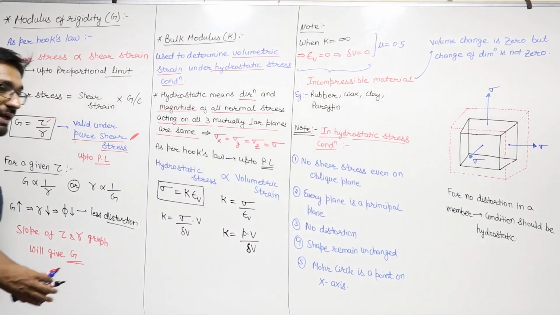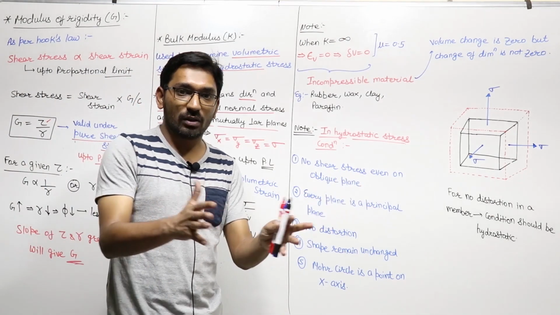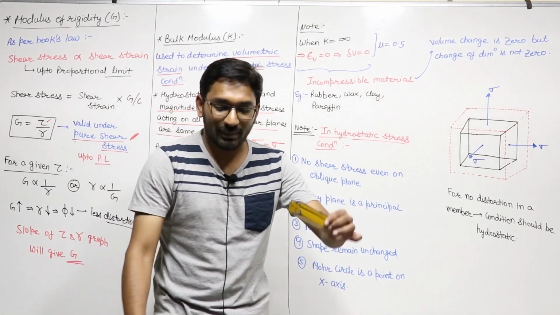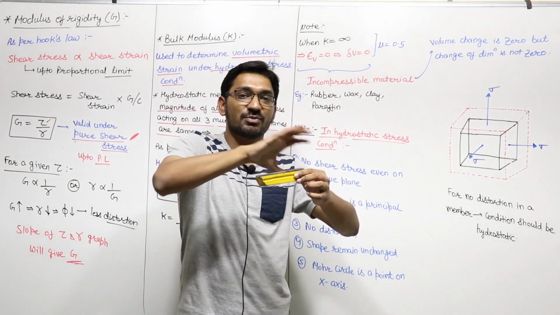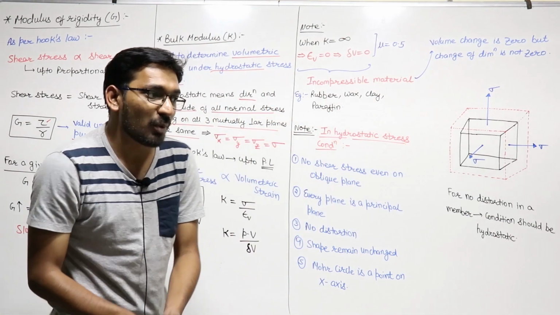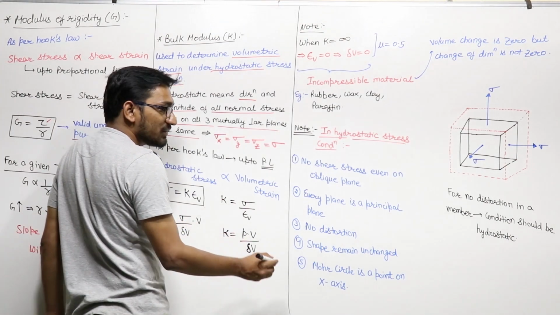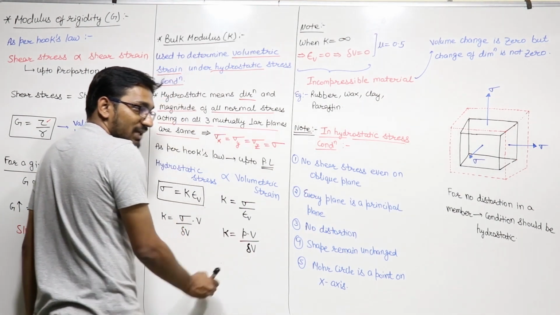If I apply a pressure, that is a stress, or a load on a body, suppose this is some material, if I apply a hydrostatic pressure on this body, the volume of this body will decrease. If the volume is decreasing, then delta V is minus.